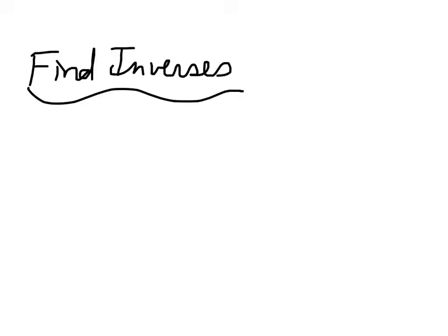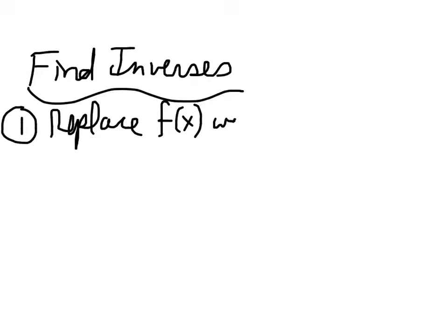The first thing, depending on if it's function notation or not, is replace f of x with y. Just like we did on the previous two problems, we took the f of x out and replaced it with the y. Everybody okay with that part?